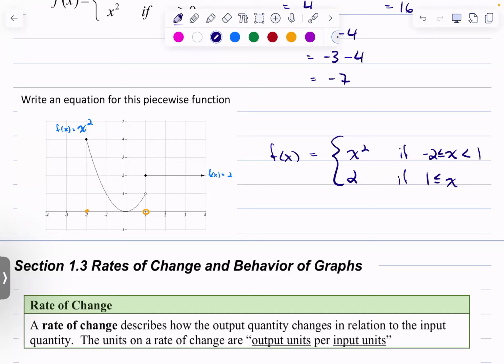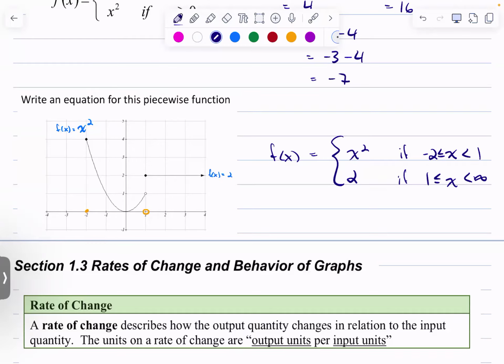So I'll tack on an infinity as a little end cap. But saying x is greater than or equal to 1 is sufficient. That implies it goes to infinity. Nice.